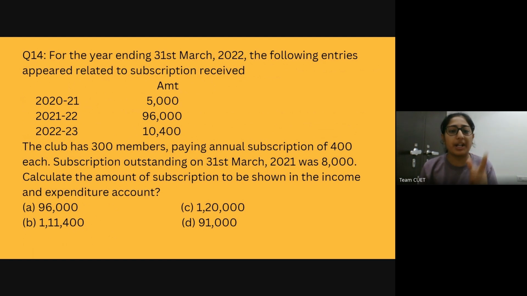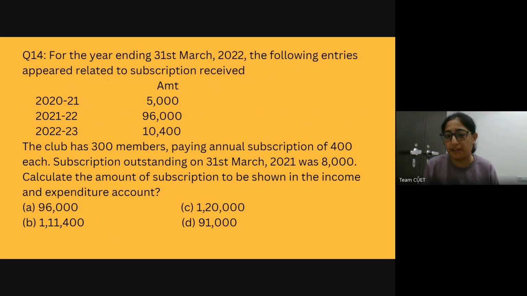Now, there is an important tip related to this question. This question is very easy, and students tend to spend a lot of time, either 1 or 2 minutes, solving the whole question. But it is a question that judges your intellect, and you can answer it in a fraction of a second. How? Let me tell you. They are saying the amount of subscription to be shown in the income and expenditure account.